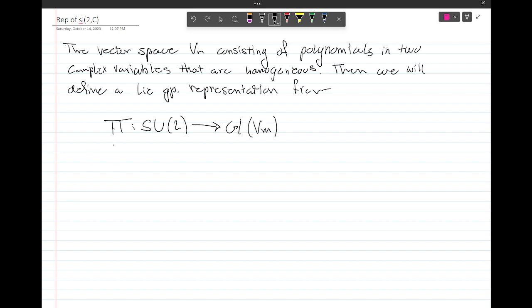And this will take, in the representation, capital Pi m. The representation will act on polynomials f and take them to polynomials composed with the inverse of u.